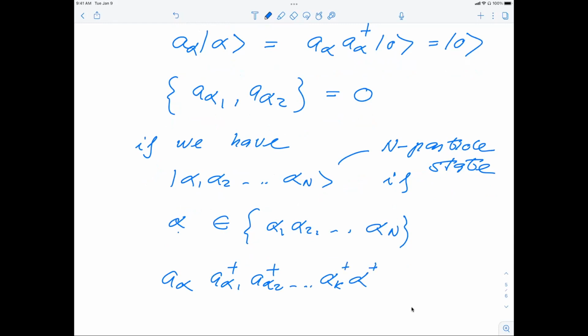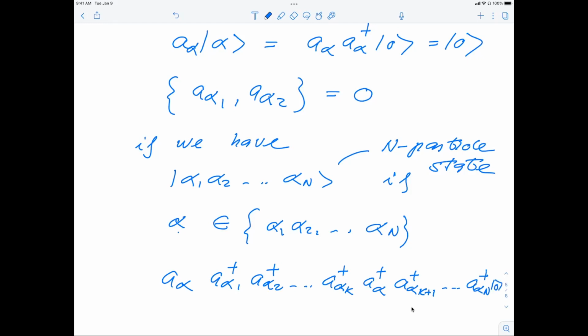Sorry, let me just rewrite it. So I would have A alpha k dagger, and then I have this A alpha dagger here. And then I'm going to have a state A alpha k plus 1 dagger, and this goes all the way to A alpha n dagger, acting on 0.